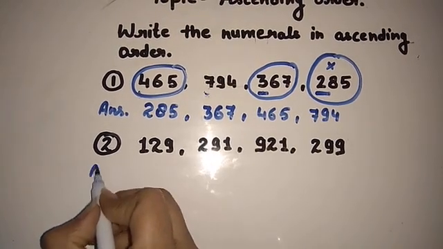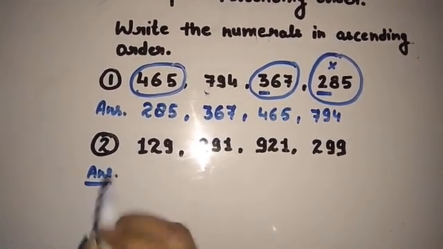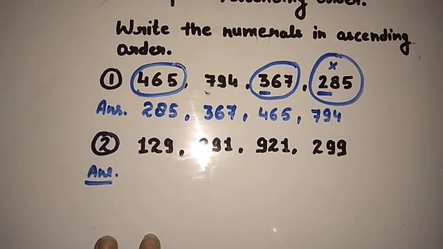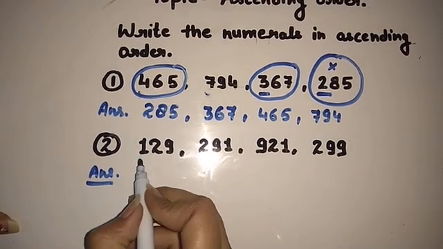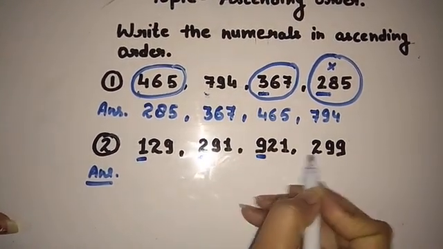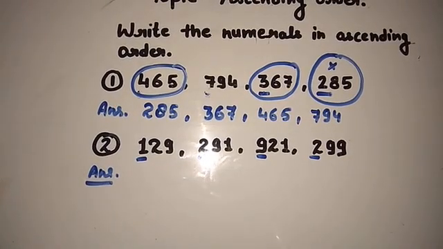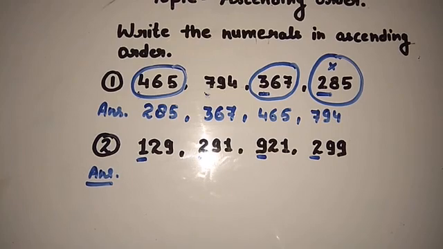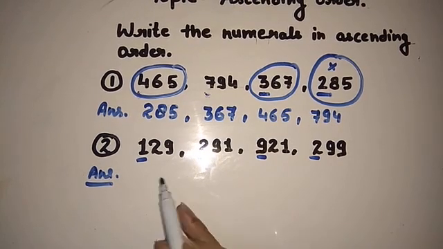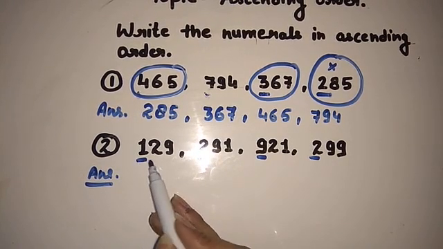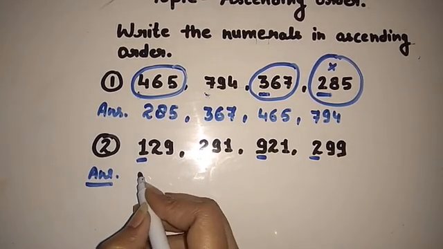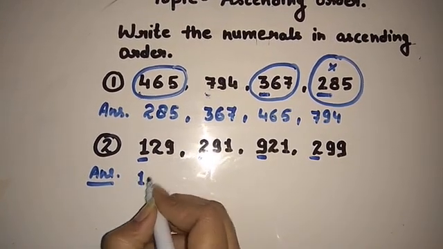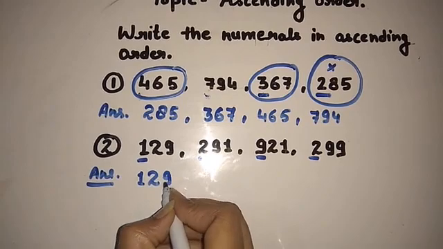In our answer, which one is the smallest number? First of all, we will check the digits in the hundreds place. Which one is smallest? Easily, 129 is smallest. So here I will write 129.